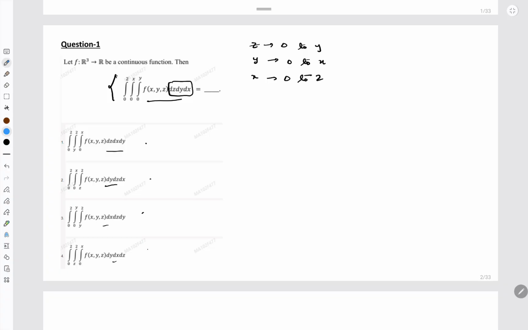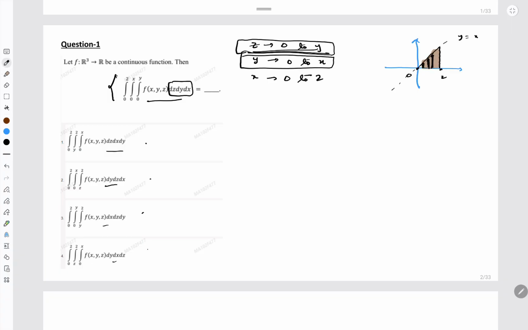We cannot draw a 3D diagram here, but in the xy plane, at least, we can see that x is from 0 to 2. So 0, 2, 2. And if I draw the line y equal to x, y is ranging from 0 to x. So like this strip, we are going forward, integrating. So in the xy plane, we are talking about this region.